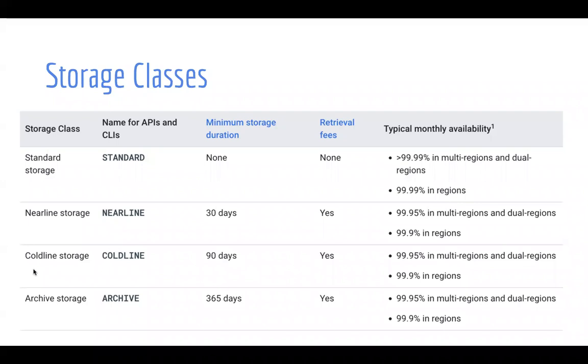So it's usually used for backups and disaster recovery. But the thing is, this data that you can store for a longer time, say for instance, archival data, although the cost to store the data there is quite low, you pay to retrieve the data. Even though it's highly available, you can access it whenever you want to, but the retrieval cost is higher, right? So archival has the highest retrieval cost, followed by coldline, nearline, and then standard.